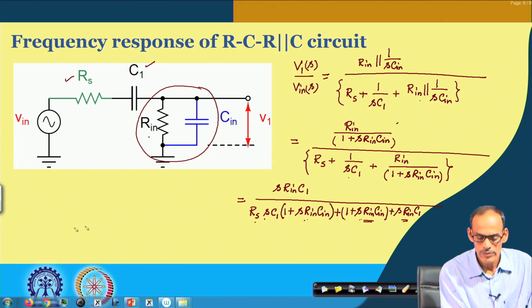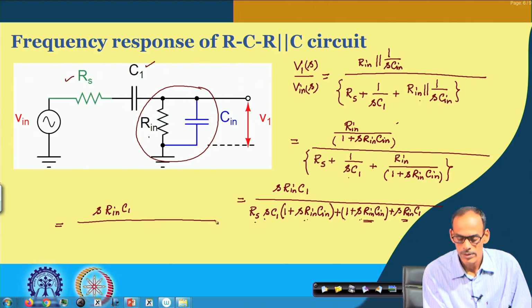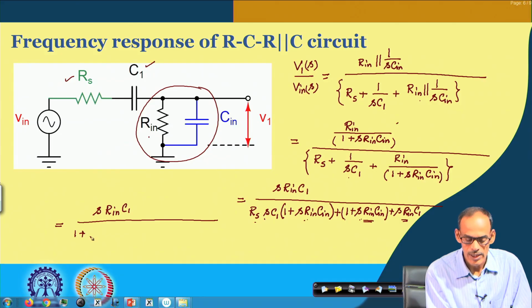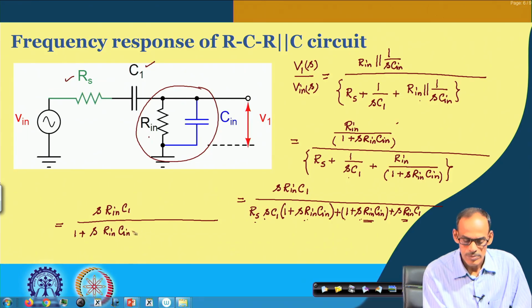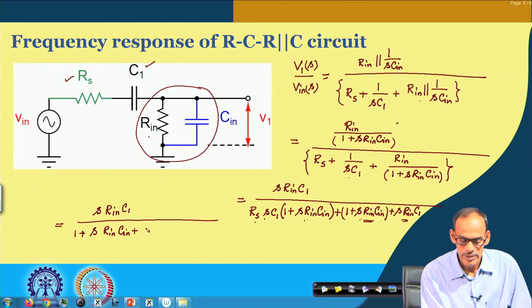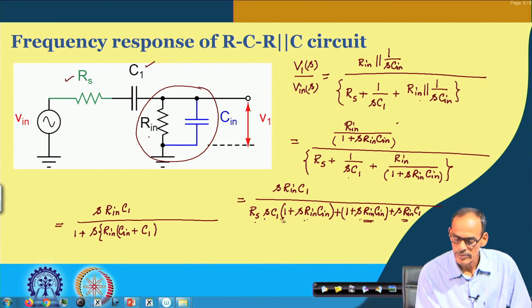So, in the denominator, if I further expand it, the numerator remains sR_inC1, divided by 1 plus s times R_inC_in plus R_inC1, and then also s times R_SC1, and then we do have s squared into C1, C_in, R_in and R_S.